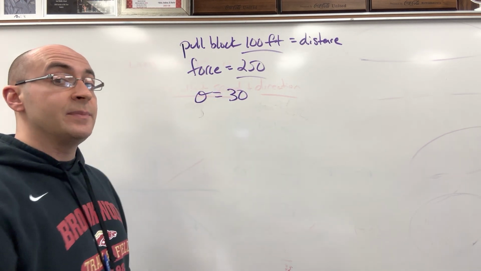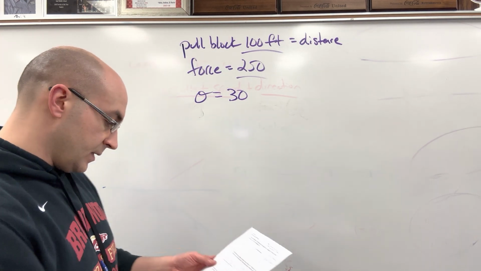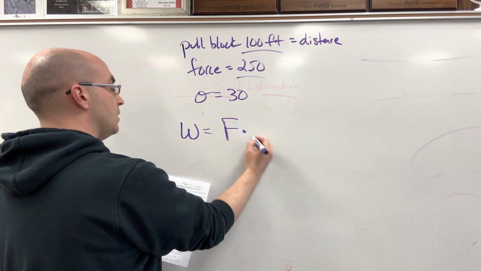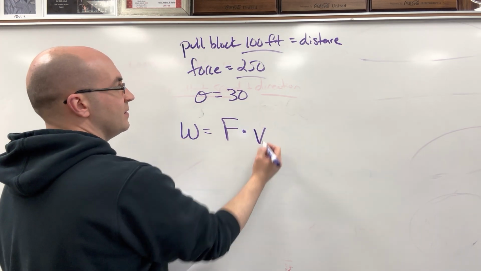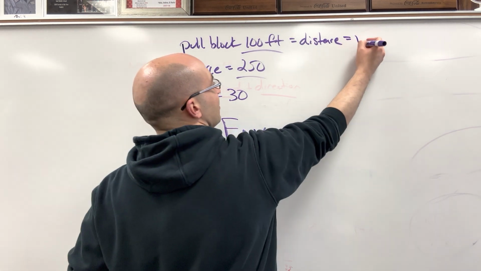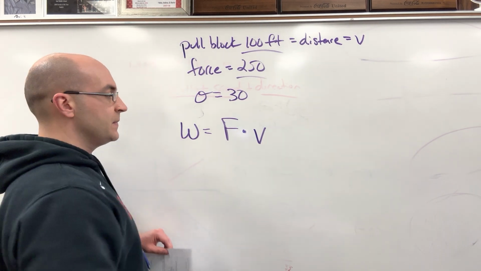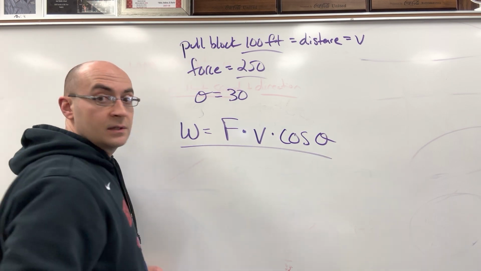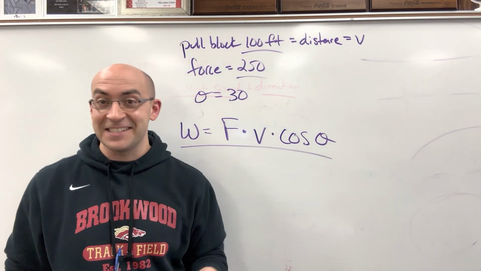This is going to be on your test tomorrow. The formula for this is work equals force times V, but V just means distance. It really means displacement, but we don't have to worry about that. Times cosine of theta. This is the formula to find work. It's really simple.